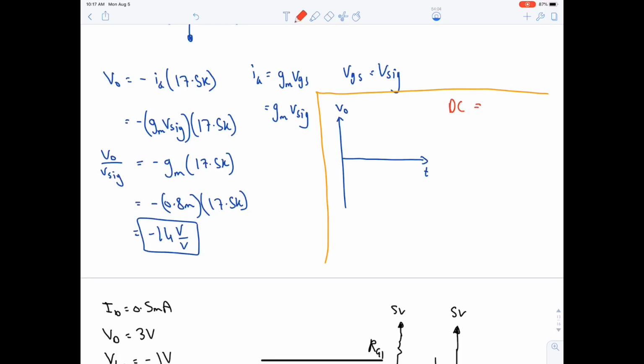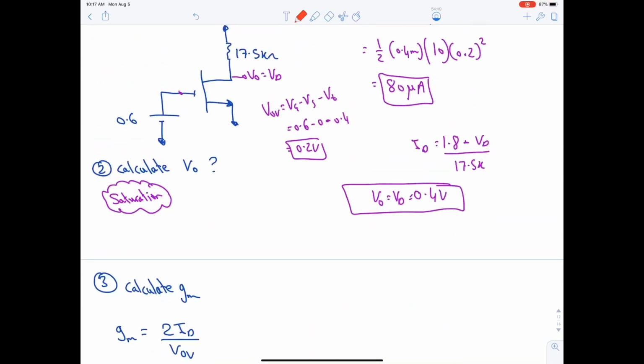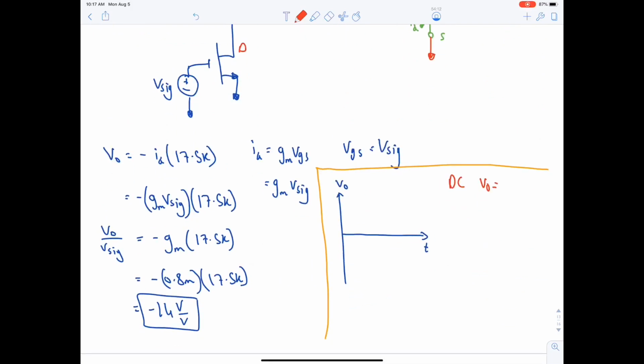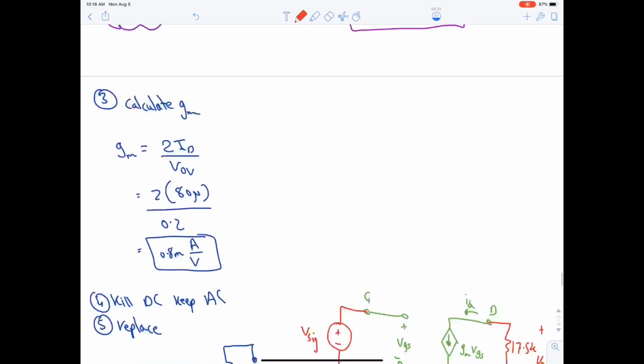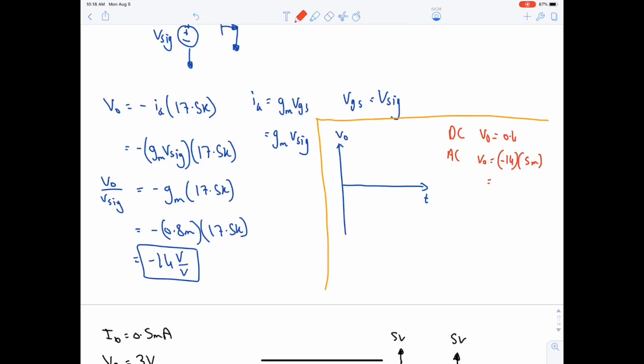DC V output is equal to 0.4, and for AC the output is equal to minus 14 multiplied by 5 milli, which is equal to minus 0.07, minus 70 millivolt.